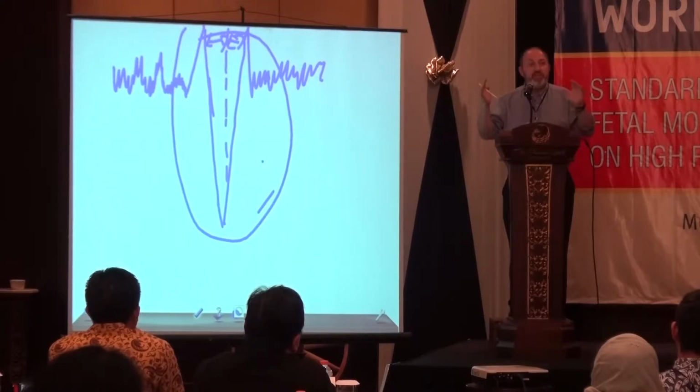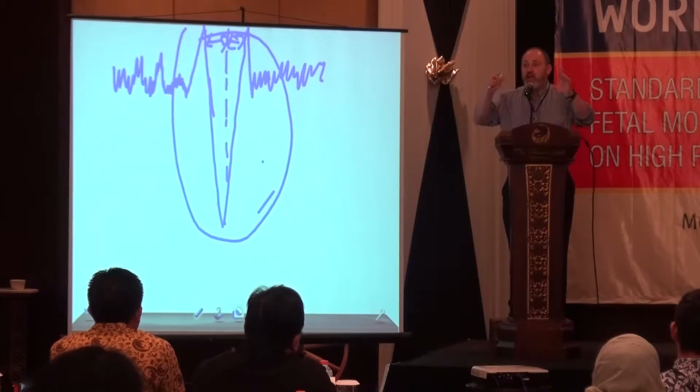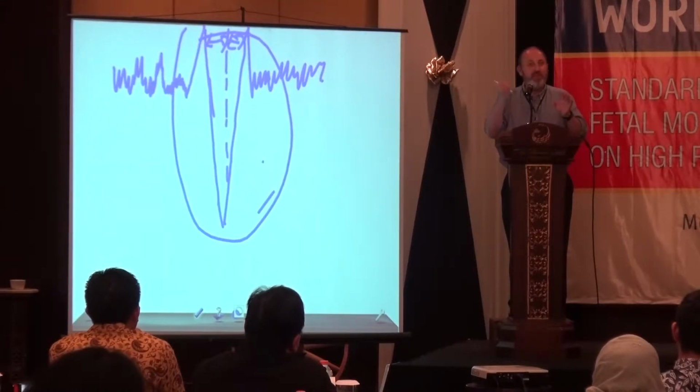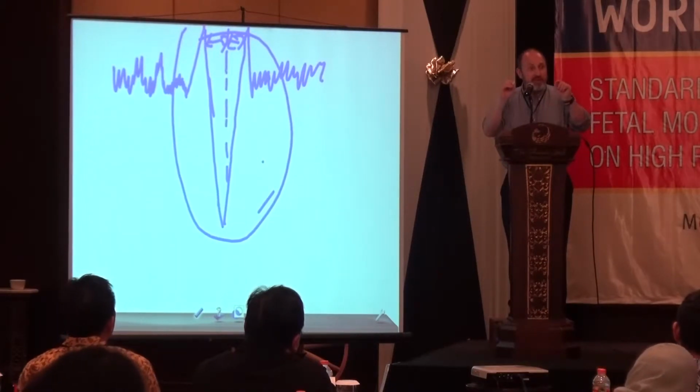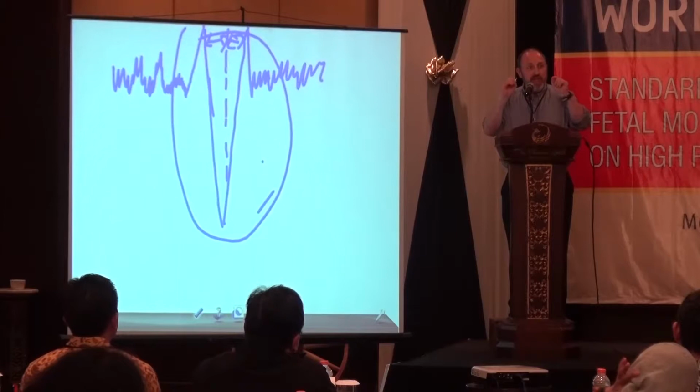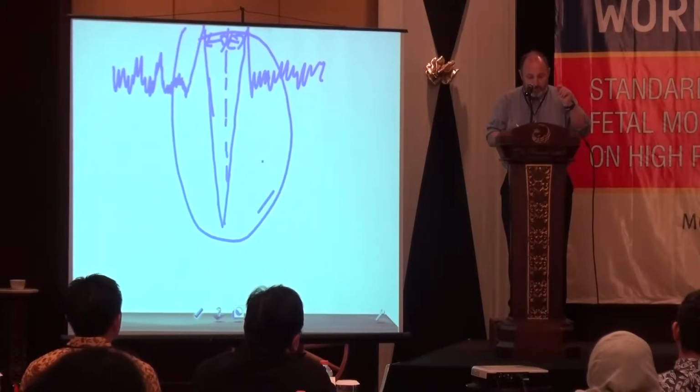The deceleration can occur anywhere along the contraction phase. Does everybody agree with that? Because this is now my challenge to you. Does everybody agree with this? Okay. So therefore, if you agree with that, then the contraction can occur here.